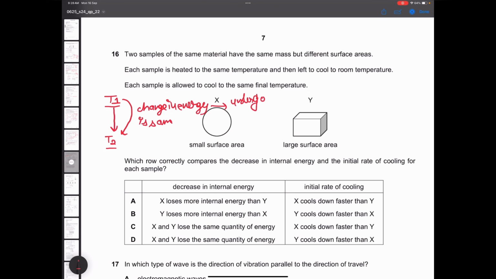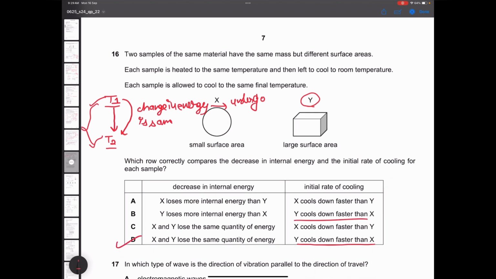They were initially starting at the same temperature and reaching the same temperature, so ultimately the change of energy is the same, but the one with larger surface area will lose energy at a faster rate. Y has a large surface area, so Y will lose energy at a faster rate. So Y cools down faster than X, and both lose the same quantity of energy.